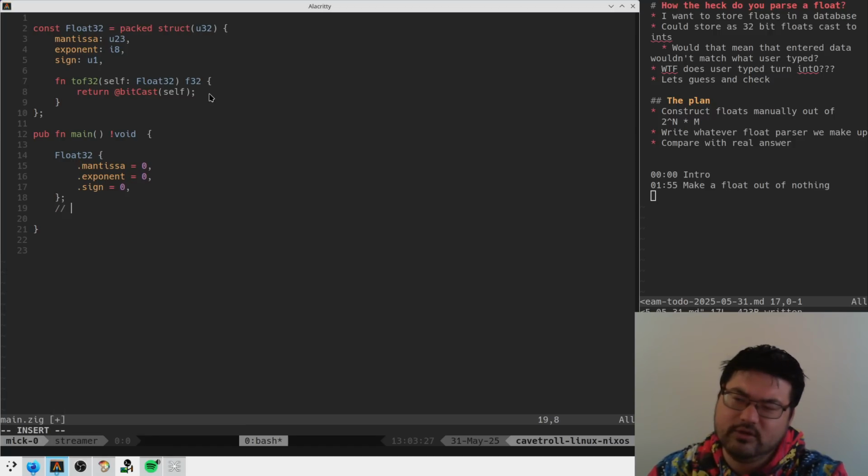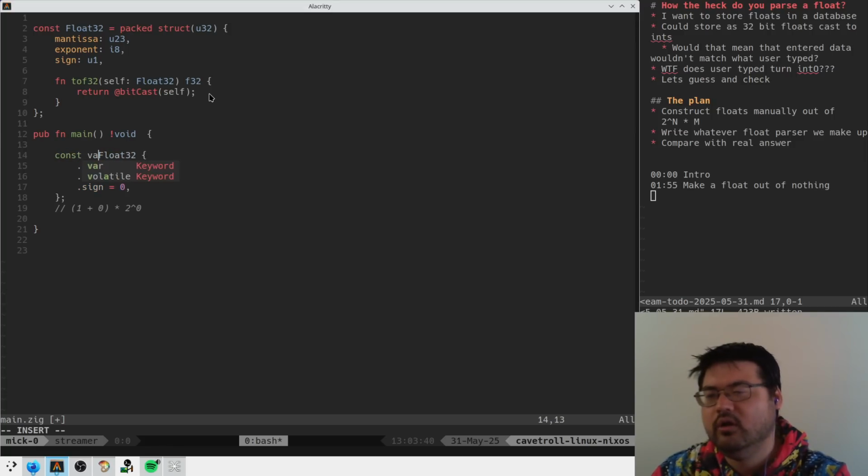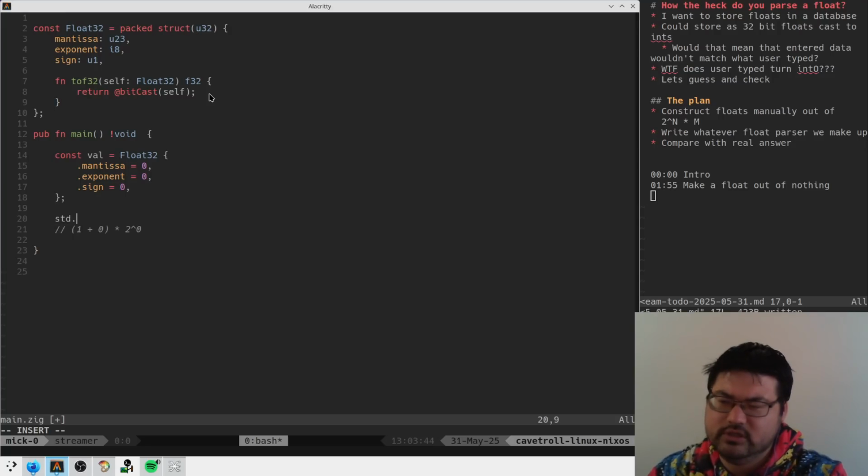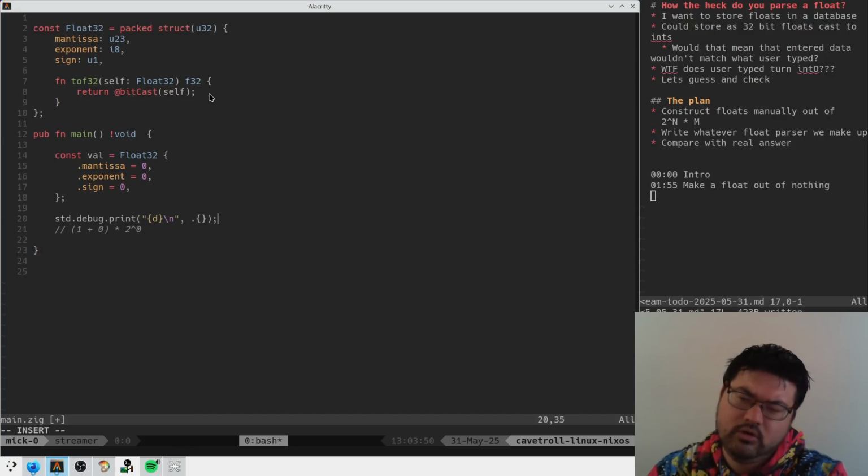So what do we think this is going to be? This is going to be 1 plus 0 times 2 to the power of 0, maybe negative, right? So we're expecting this to be 1 or -1, one of the two. So can we do std.debug.print a number, val?